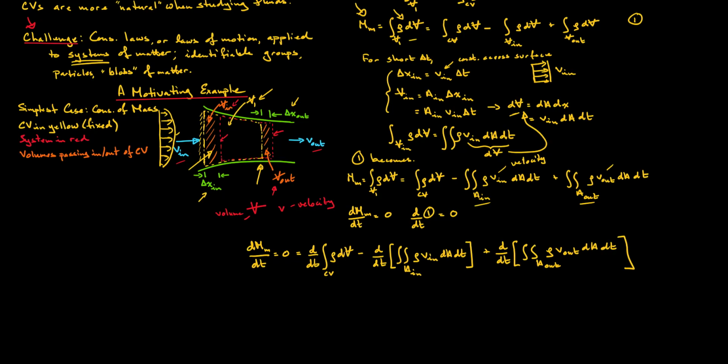And as we can see, the differential area is not going to change. We're assuming that the density is not changing with time either. So all of this is going to simplify quite nicely.